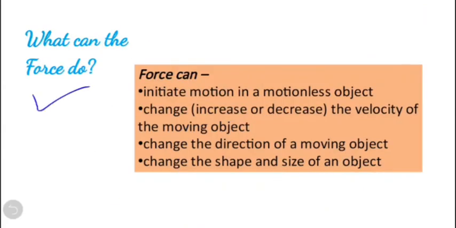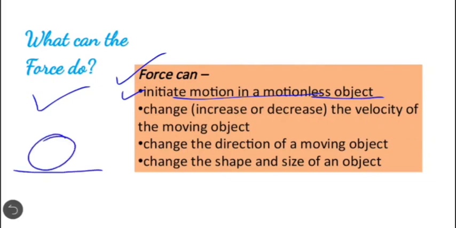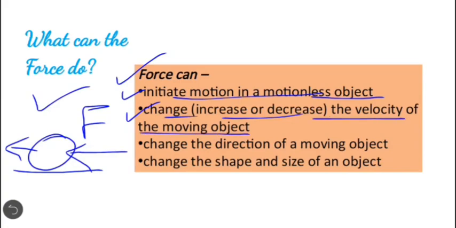Now what can force do? It means, what are the things which can be performed by applying force? First, force can initiate motion in a motionless object. It means if an object is stationary, you can apply a force on it and it will start moving. Second, change, decrease or increase the velocity of the moving object.